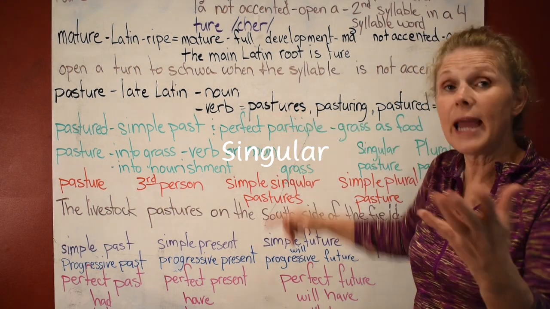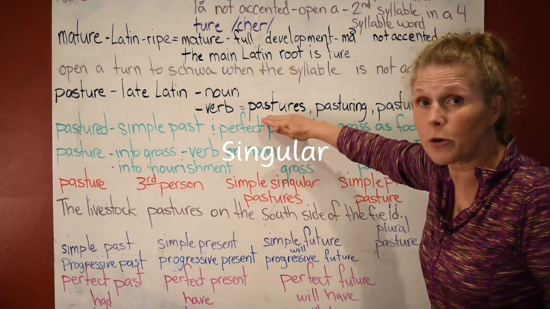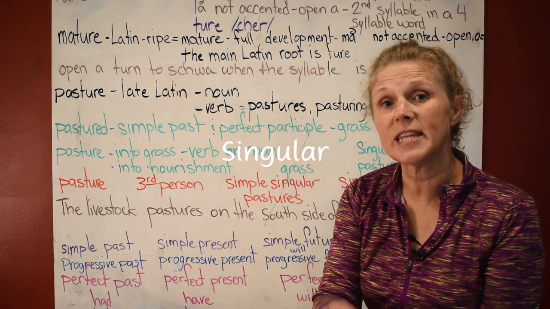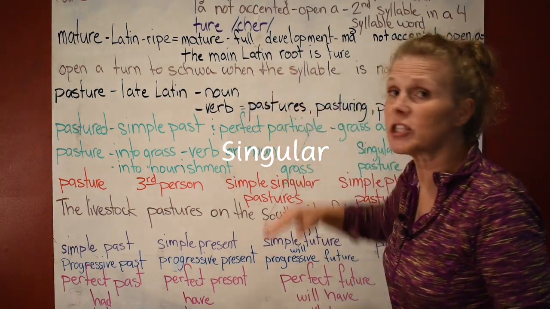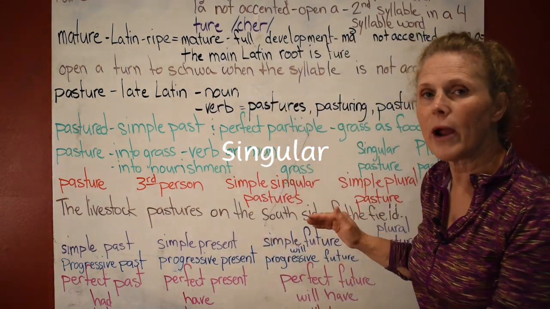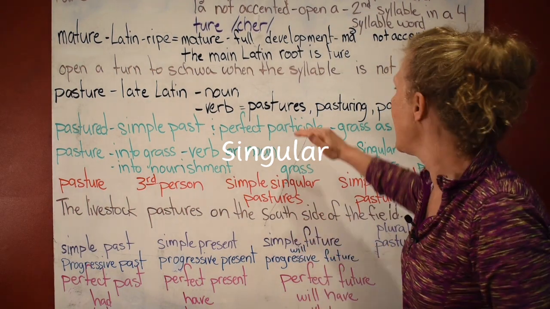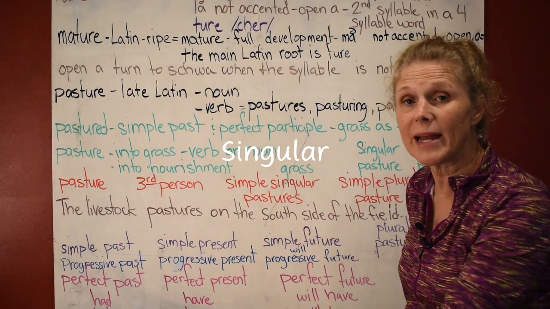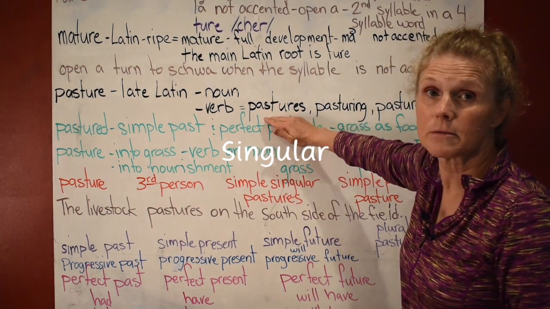Simple present. Yeah, this sits in your simple present tense. When it's a verb, you need to understand your tenses. It's not just adding on your plural S. You have to understand where it sits as a tense. And this plural S sits in the simple present tense. Okay?